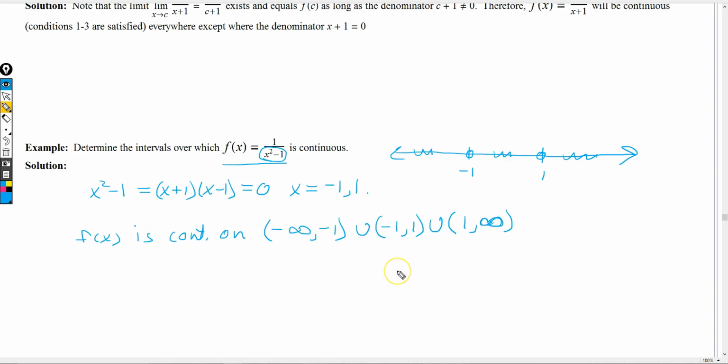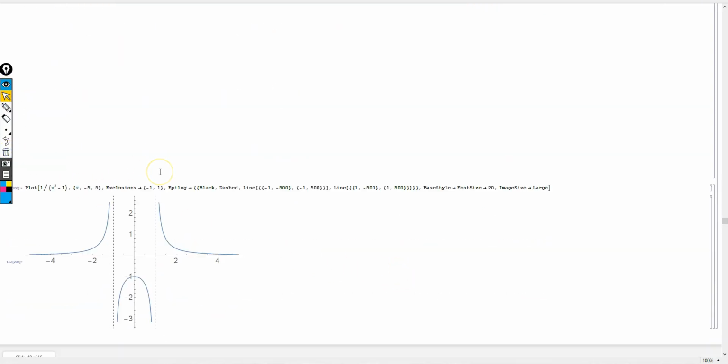Quickly, here's what the graph of this function looks like. Notice that the function is continuous everywhere except at negative 1 and 1. Those are where we have some asymptotic behavior of this function. Notice from negative infinity to negative 1, I can graph that function without picking up my pencil.